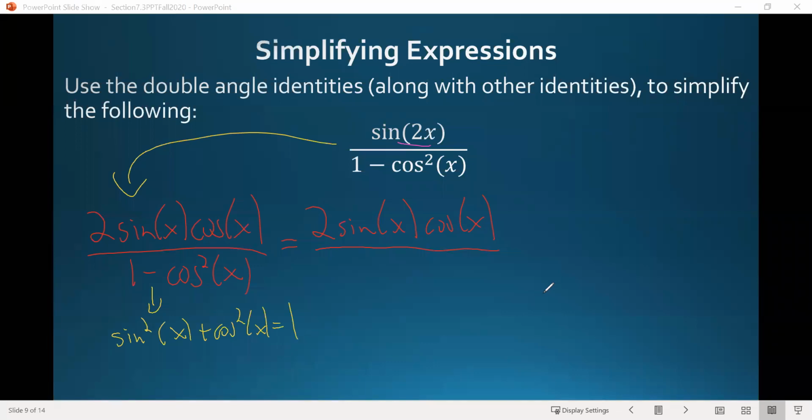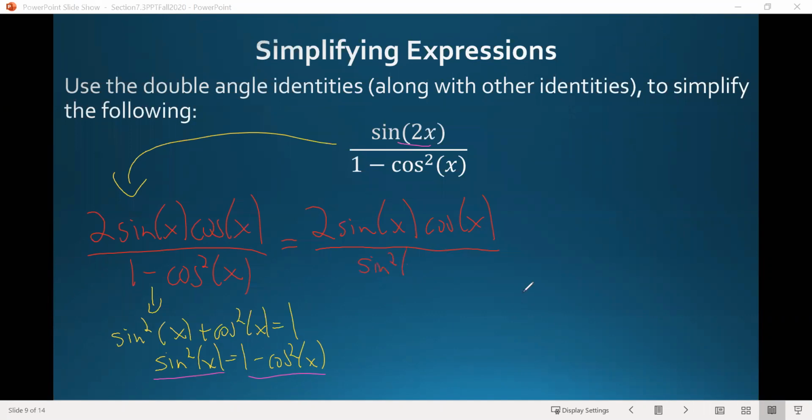If we subtract cosine squared from both sides there, we'd have sine squared of x equals 1 minus cosine squared of x. So we can make a substitution for 1 minus cosine squared of x as sine squared of x.